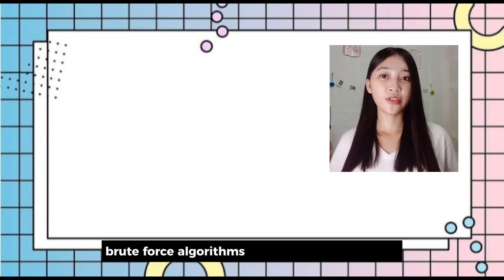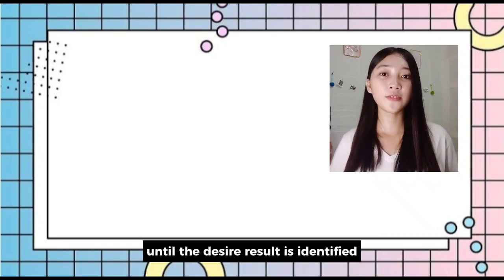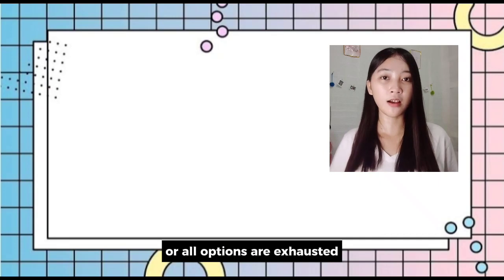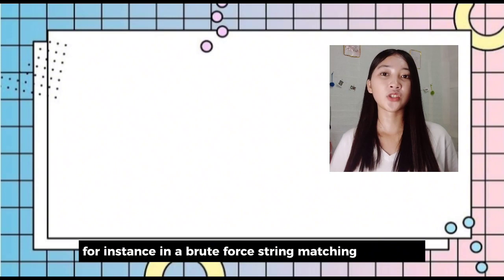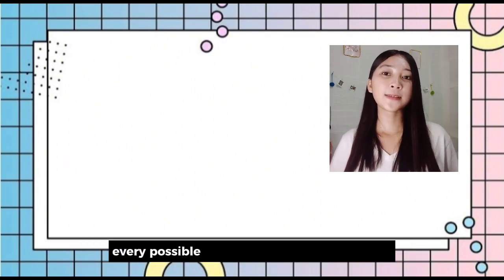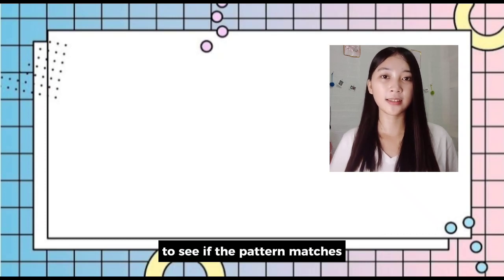Brute force algorithms function by sequentially searching through each element until the desired result is identified or all options are exhausted. For instance, in a brute force string matching algorithm, every possible position in the text is checked to see if the pattern matches.